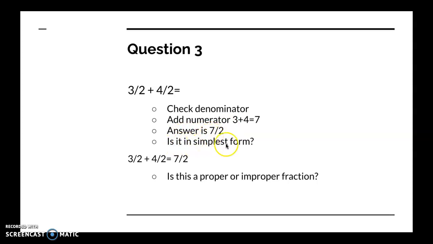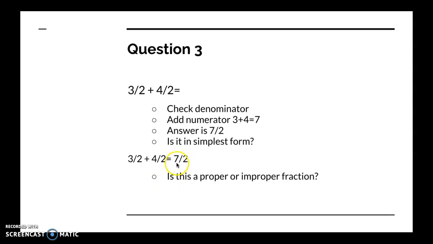Is that in its simplest form? Does anything go into both 2 and 7? I don't think so. So 7 over 2 is our final answer. Okay, but ask yourself, is this a proper or improper fraction?